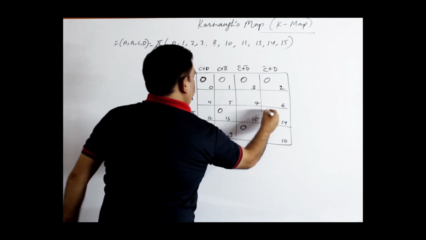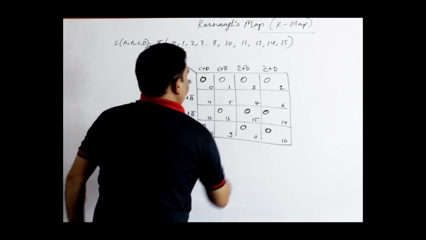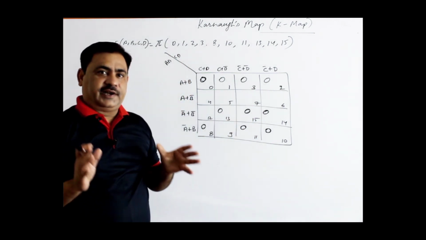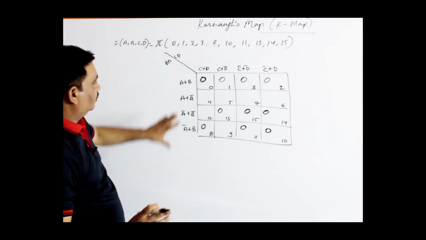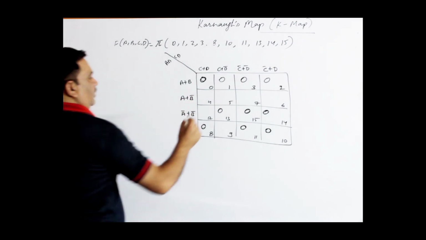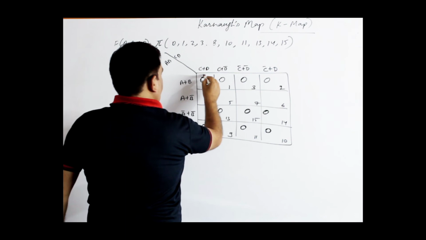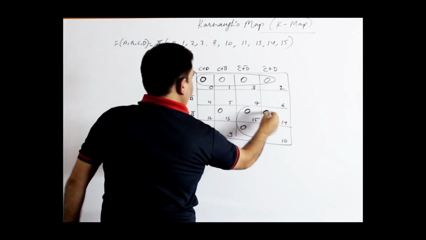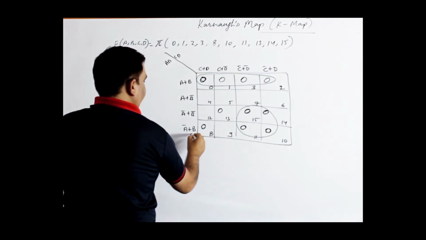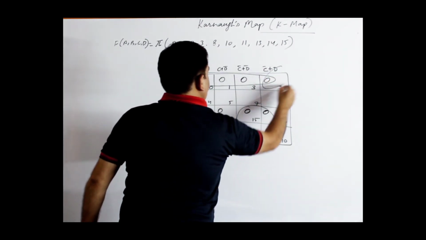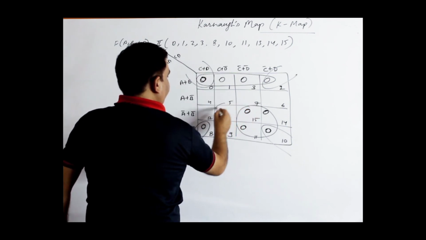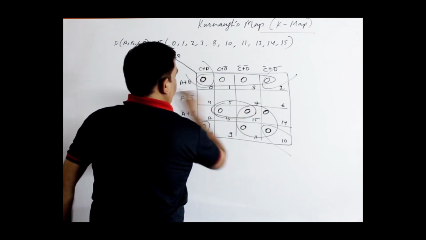The method of forming octets, quads and pairs is the same. So, see here, a quad is there, this quad is there, the corner quad is there, and one pair is here, this one.